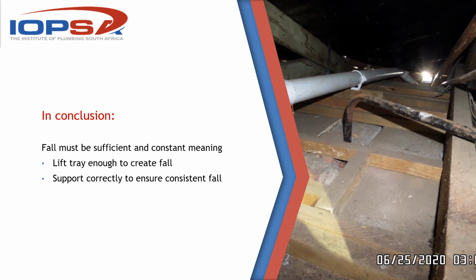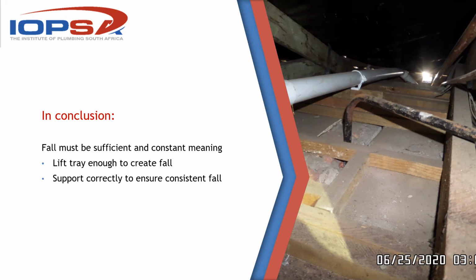That's what we must look at. So the argument of yes, but this geyser did burst and it wasn't running at 40 and it did discharge, that argument doesn't come into play when we're asking whether it complies with the standards or not. It's got to be what the standard says or nothing. Otherwise we must throw the standard away.